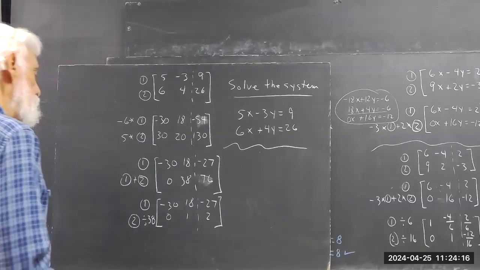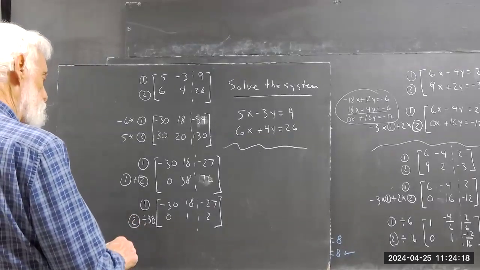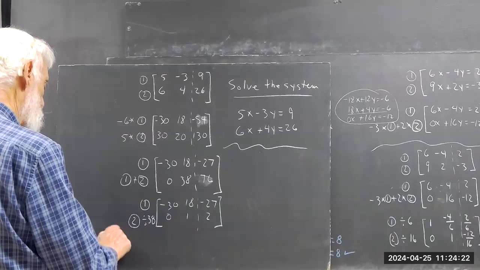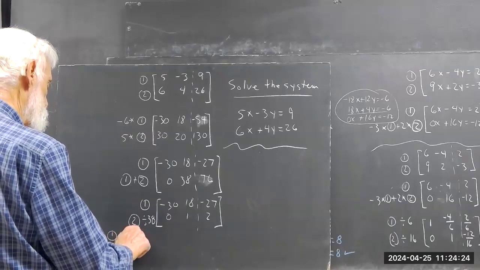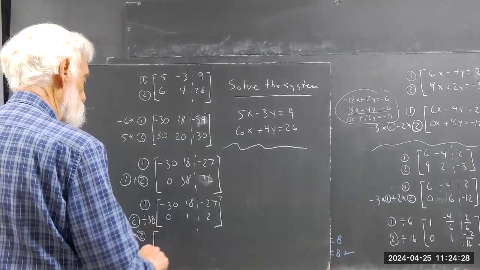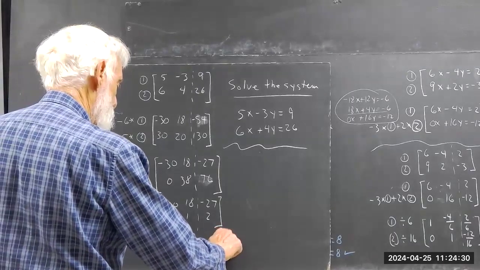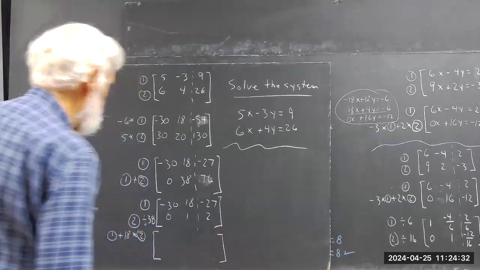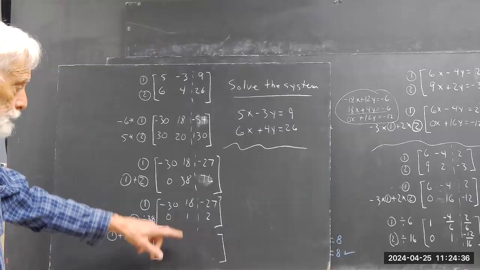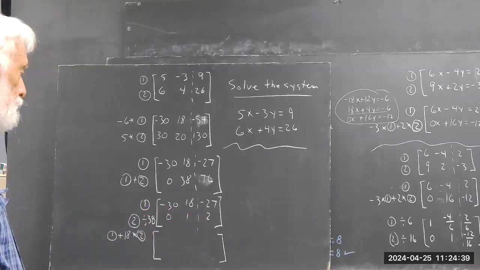Okay. Now, I can continue. I can do row 1 plus 18 times row 2. And notice that I'm not going to actually multiply row 2 by 18 because row 2 already gives me my solution for y.